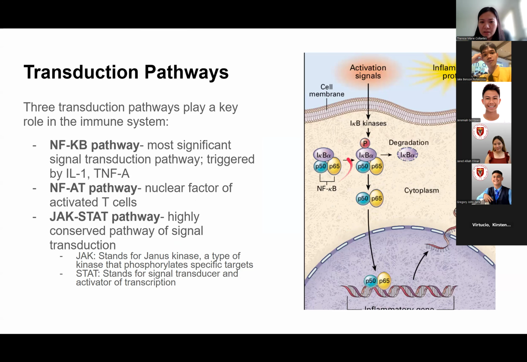And then you have the NF-kappa B, which results in the transcription factors P50 and P65 that will result in the activation of the gene. That also influences the inflammatory response. So this will generate the inflammatory proteins that will result in inflammation.